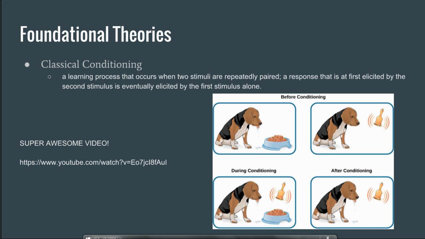He would ring a bell and then present the dog with some food. Eventually the dog would automatically start salivating after it heard the bell or the tone, because it knew that food was coming. Even if food wasn't presented, it would still salivate because it associates those two stimuli together.